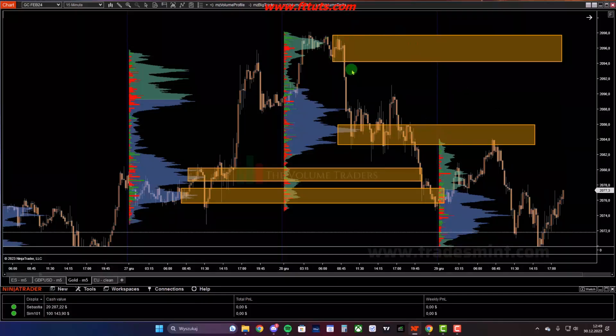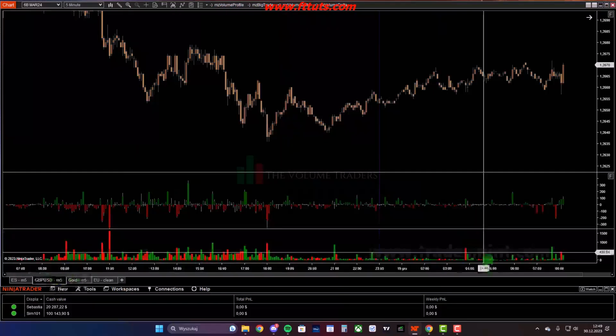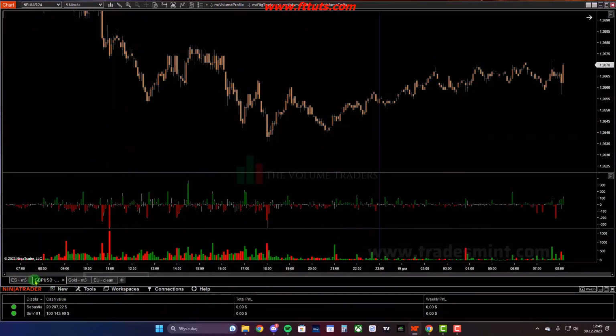For me personally, the volume profile is most important when I'm preparing for my trading. The first bigger zones I'm marking with the volume profile tools, and then the zones which I will mention very soon, I'm using as a scalper. These are very short-term areas I use for this volume and delta, and for this purpose I will use GU.